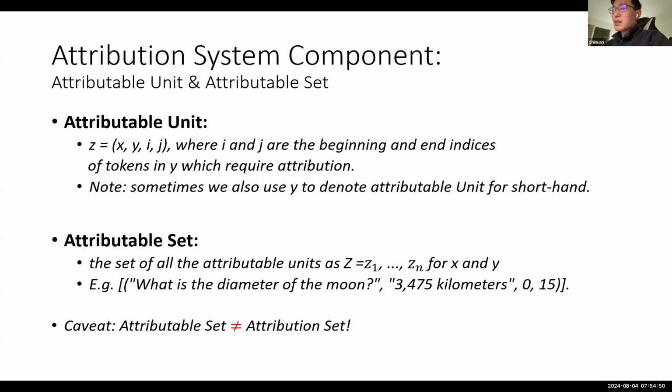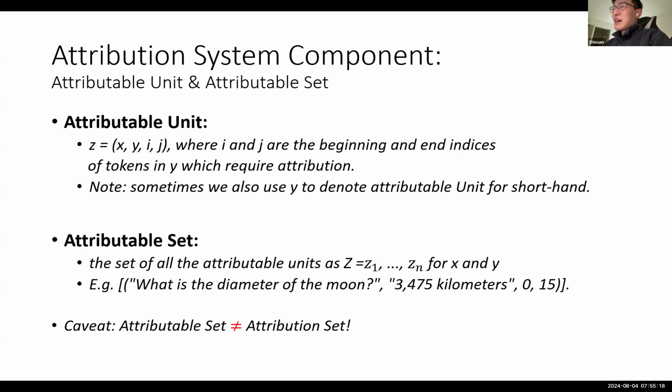We may be curious about just a part of the output. If they contain the whole output, sometimes we just use y to denote the attributable unit for shorthand. I think this is also an ambiguity of notation in the original paper.